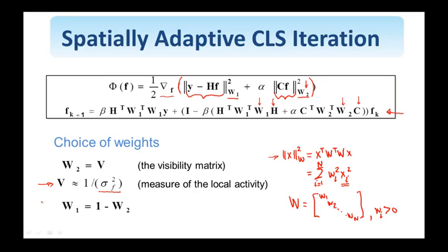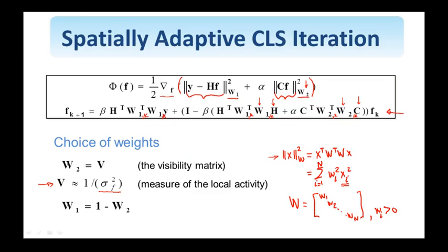In other words, we can make these matrices functions of K. So I could put a K here in all the weights, which again, all this means is that at each iteration I apply my estimation of the local variance, and then the visibility function, and then W1, whatever the formula is, to update these matrices.